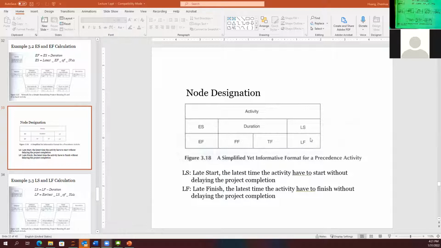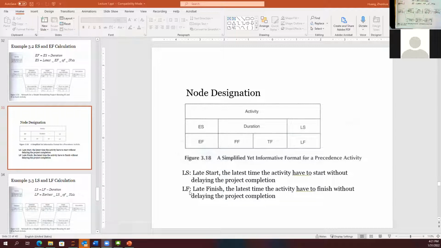So late start and late finish, what that means: late start is the latest time the activity has to start without delaying the project completion date. So if I don't want to delay the completion date, what is the latest time I have to start it?